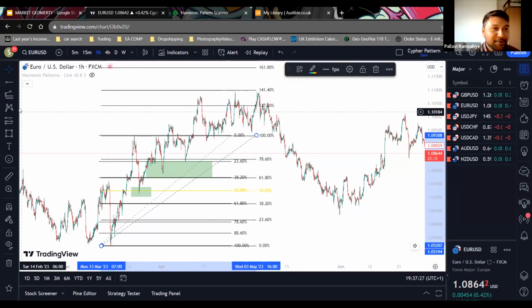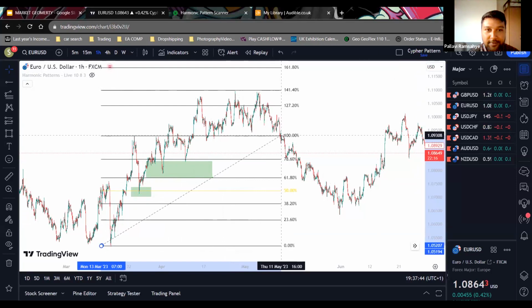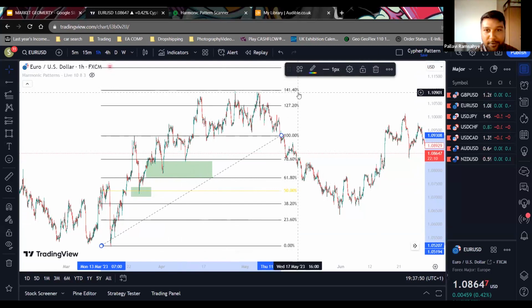So we then have our target levels. This is very messy. I'm going to delete one of them. So now we have our target levels. We have 127.2, which I'm going to move a little bit so we can see it, and then we have 141.4.